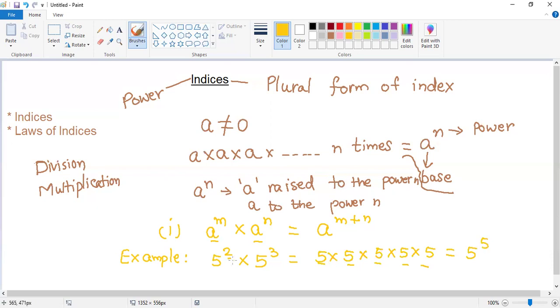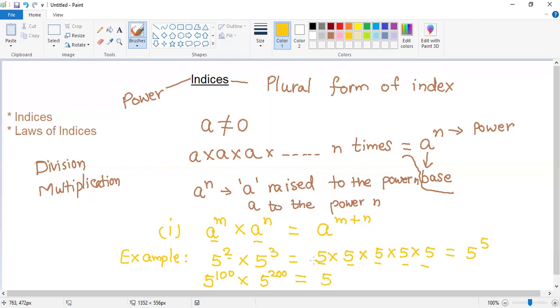But when we get a very large number, suppose 5 power 100 times 5 power 200, now if you are going to use your notebook or writing pad, it's going to cover the whole area. So for that, we can use this formula.